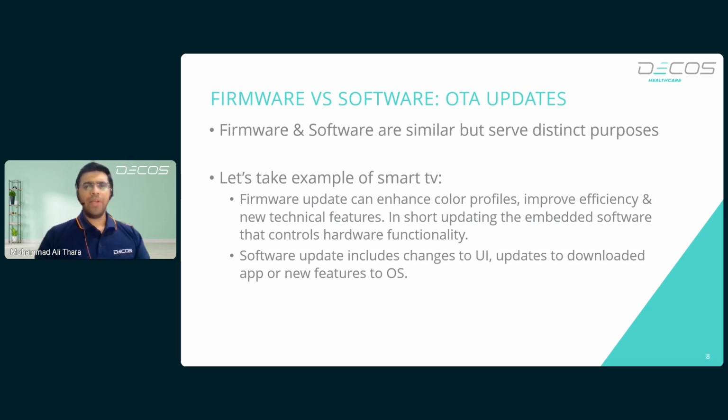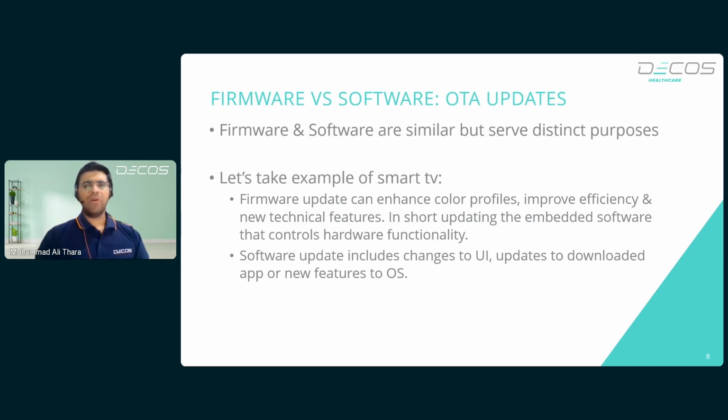But FOTA makes it possible to perform these firmware updates wirelessly without requiring any physical connection, which is actually a game changer for modern smart devices. That is what firmware update means in a practical context, updating the embedded software that controls hardware functionality.